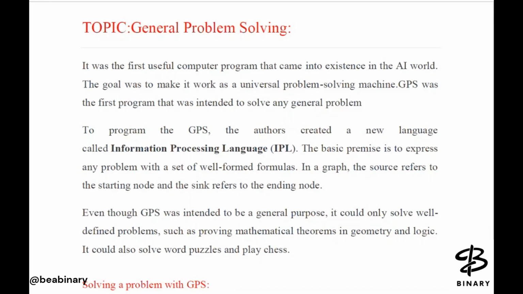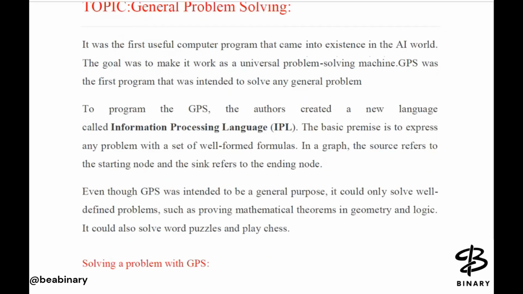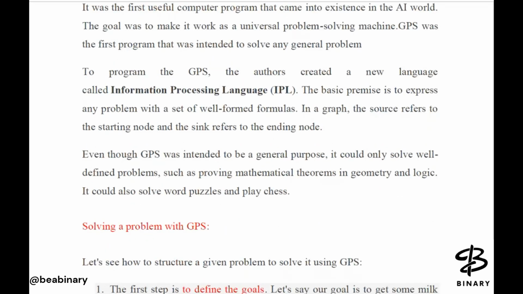We are talking about how the GPS system was created, and that it was the first program used to solve general problems. Here we use two main things, the source and the destination, where the source works as the starting node and the sink works as the ending node.